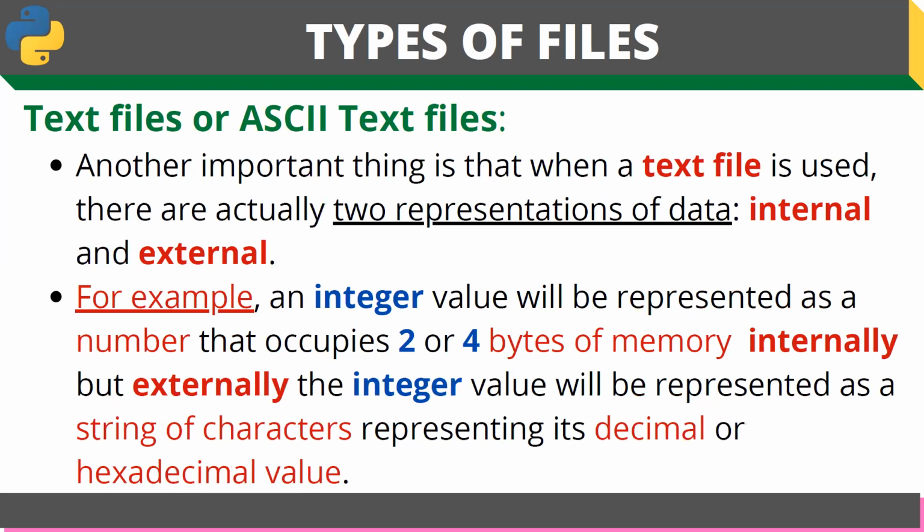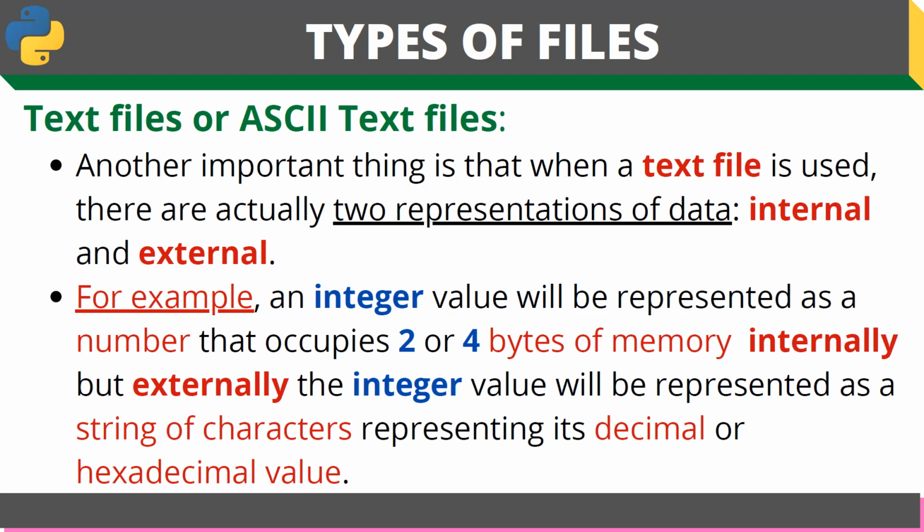Another important thing is that when a text file is used, there are actually two representations of data, either internal or external. For example, an integer value will be represented as a number that occupies 2 or 4 bytes of memory internally.